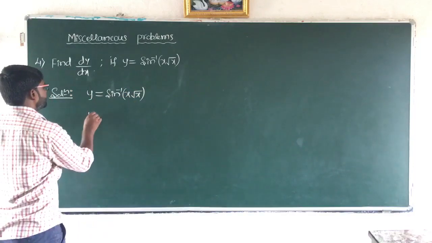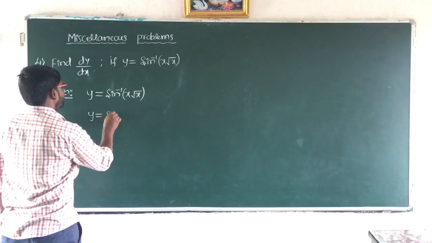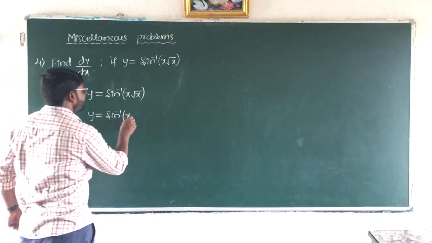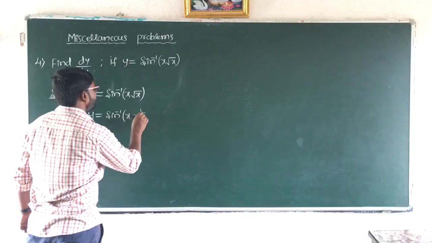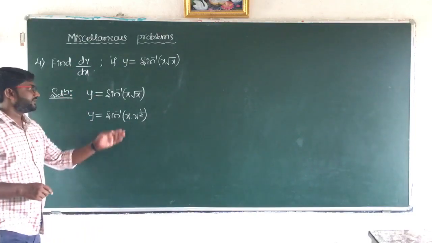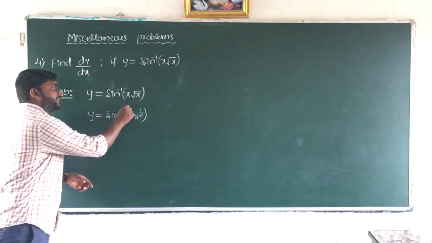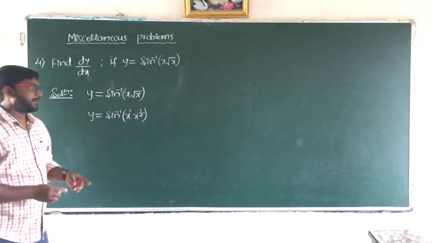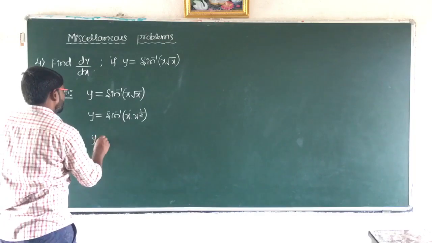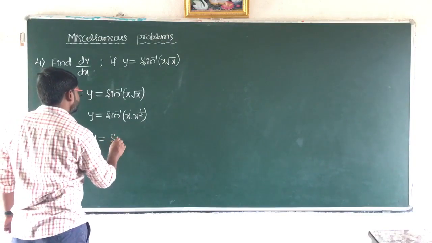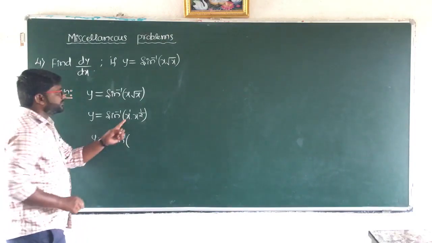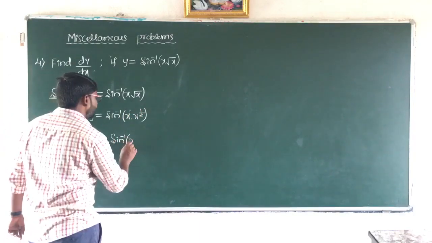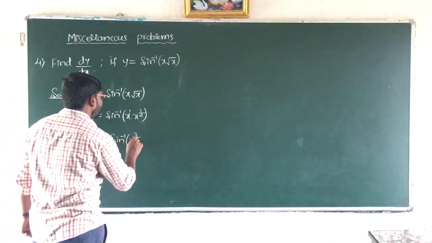Now y is equal to sin inverse, I write it as it is. Root x can be written as x to the power 1 by 2. So now it is in the form of a raised to m into a raised to n, which is a raised to m plus n. So now y is equal to sin inverse, the powers will be added up now. 1 plus 1 by 2 will be 3 by 2. So we get x to the power 3 by 2.